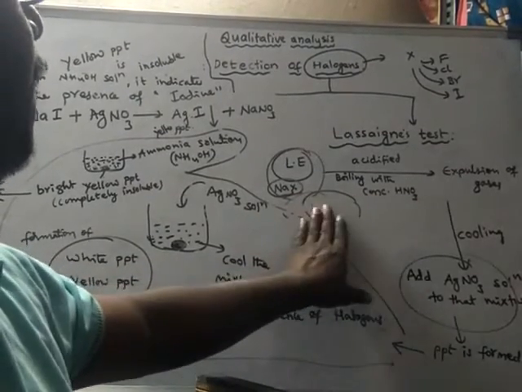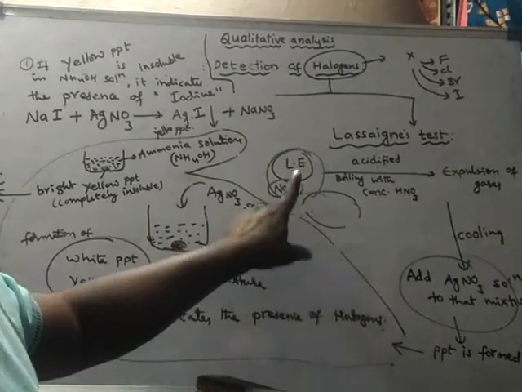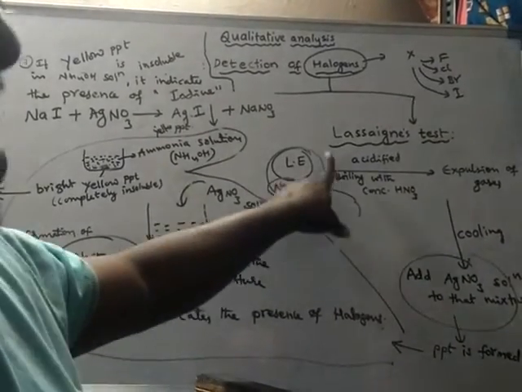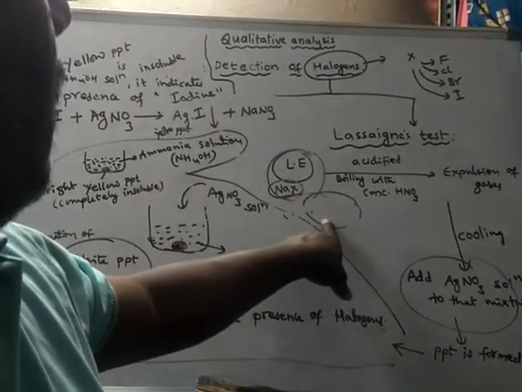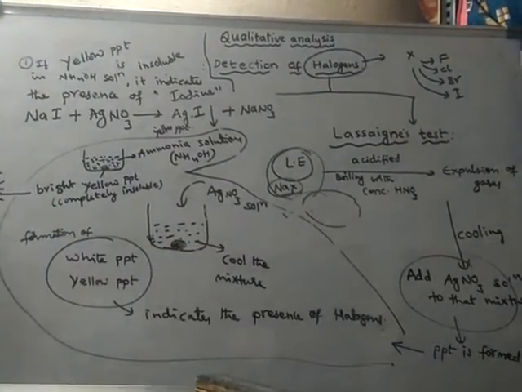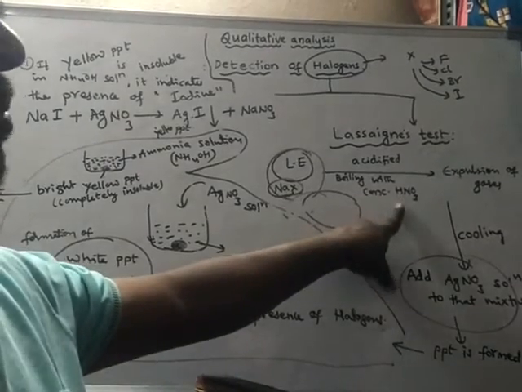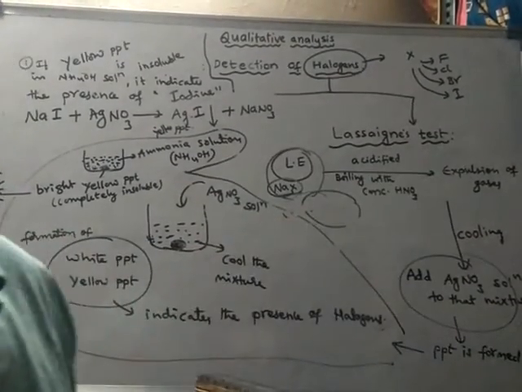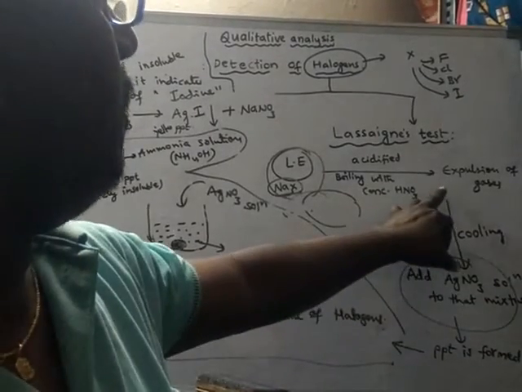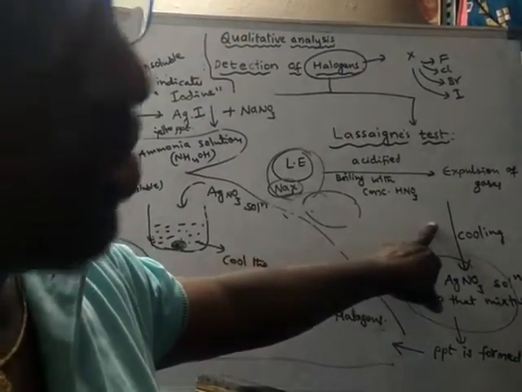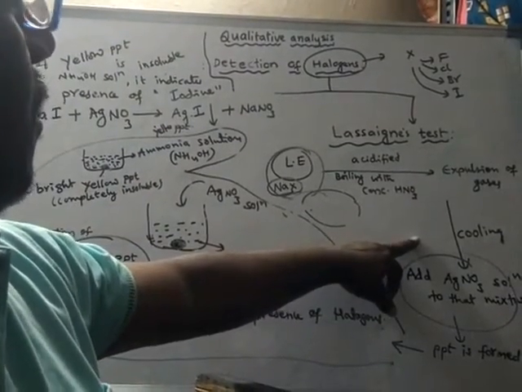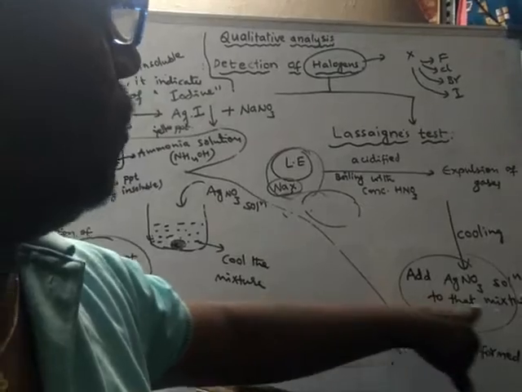So simply acidify that extract by boiling with concentrated nitric acid. During that process, some gases are expelled. Now that mixture is cooled. After cooling, add silver nitrate solution to that mixture.